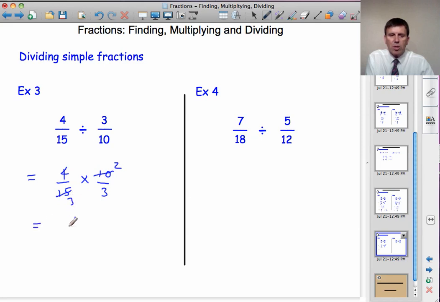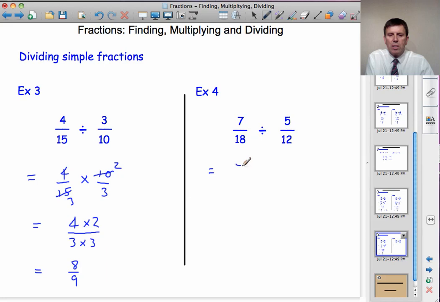Now we multiply the numerators, 4 times 2, and we multiply the denominators, 3 times 3. Final answer, 8/9. And our last example, 7/18 divided by 5/12.